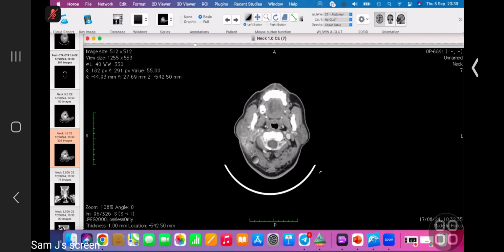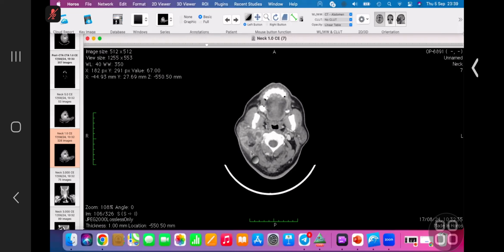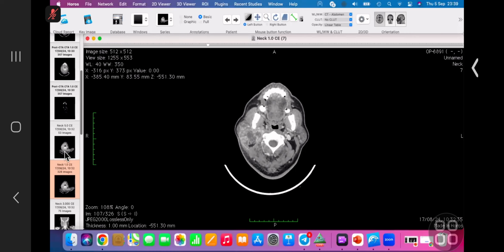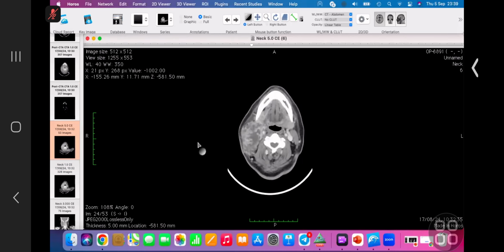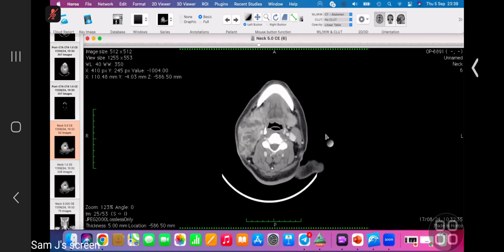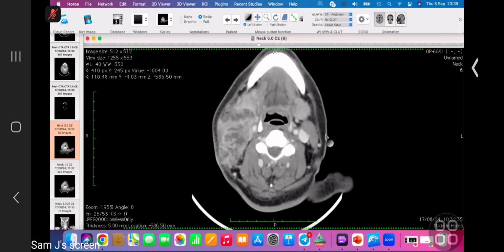I'm not able to request control either. I have the view options here, but there is no option. Let me scroll it for you. No issue. Okay, sorry, doctor, no issue. Okay, is this okay now?